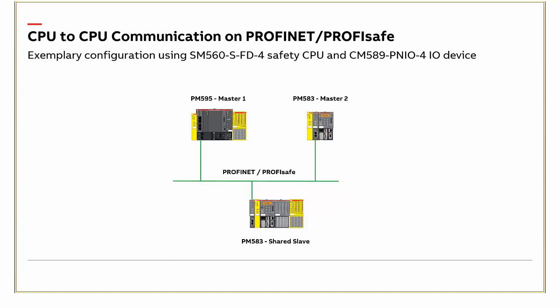It means that typical steps which are needed to configure the standard CPU and also safety CPU are already done on master system 1 and master system 2, and on the shared slave we are starting from the standard CPU and IO modules. The new communication module and the new safety CPU will have to be added. I will show you how to do this. So now we are changing to the Automation Builder.